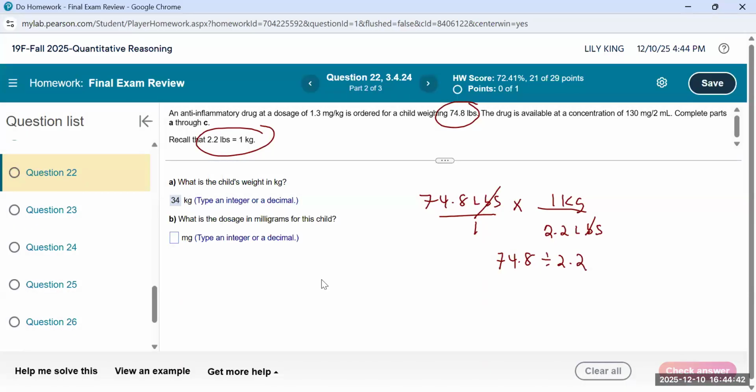And then you take that answer and multiply by the dosage rate to get the B part. So 34 kg times 1.3 milligram per kg. We have 34 times 1.3. That is 44.2.